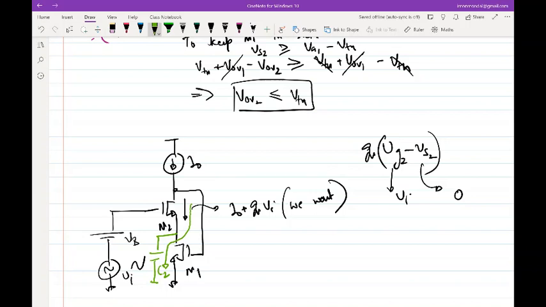Okay. So in pictorial terms, this voltage will be VB plus a sinusoid, which is Vi. Yes.